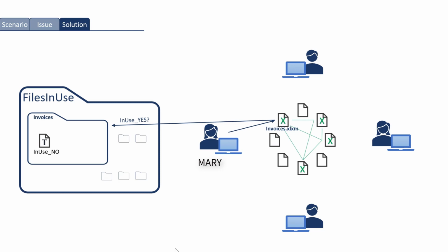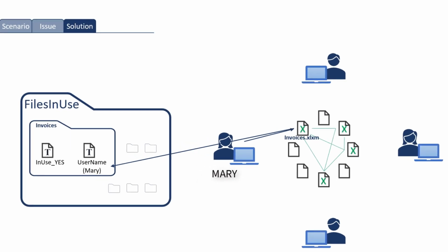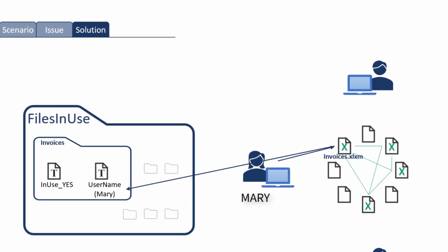In this case, that file doesn't exist. So what it will do is change the name of the current file from no to yes, and it will also create a new file named after the user's username. So in this case, the file would be named mary.txt. And after that, Mary gets access to the file and she can work on it.